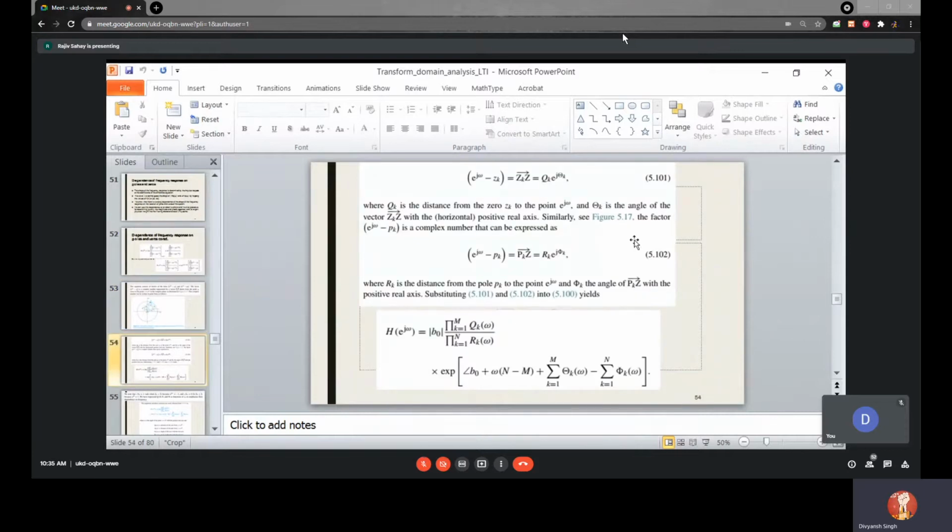So this is what is written. You can make a note of this. You see this vector zkz, equal to e to the power j omega minus zk, is denoted as capital Qk into e to the power j capital theta k.